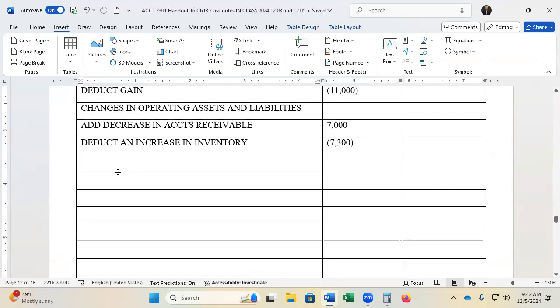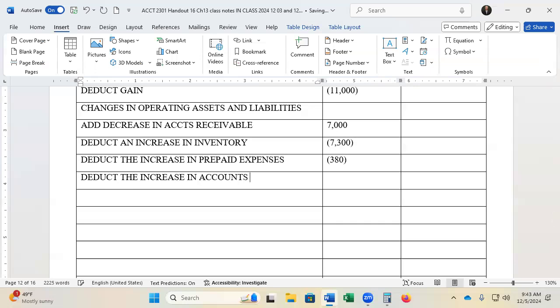All right. And now we've got to deduct the increase in prepaid expenses. And that one was 380. And then we're going to deduct the increase in accounts payable. That was 3,200.